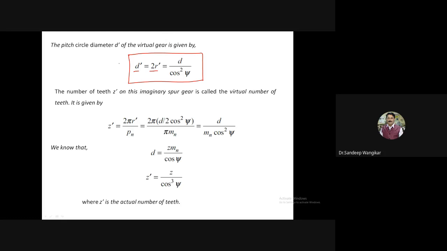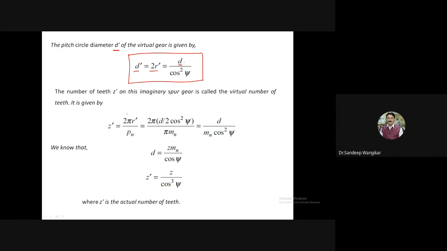Try to understand the difference. When I say D dash, it is the virtual or imaginary gear, and when I say D, it is the actual gear. So this is the pitch circle diameter of imaginary or virtual gear, and this is the pitch circle diameter of actual gear. This is the difference between D dash and D.